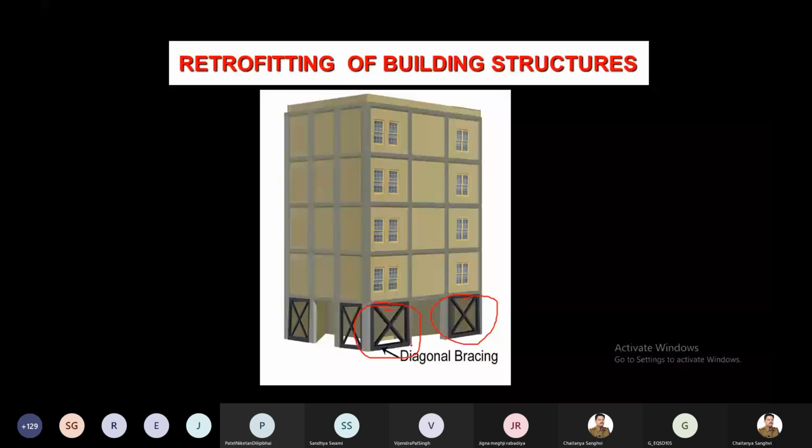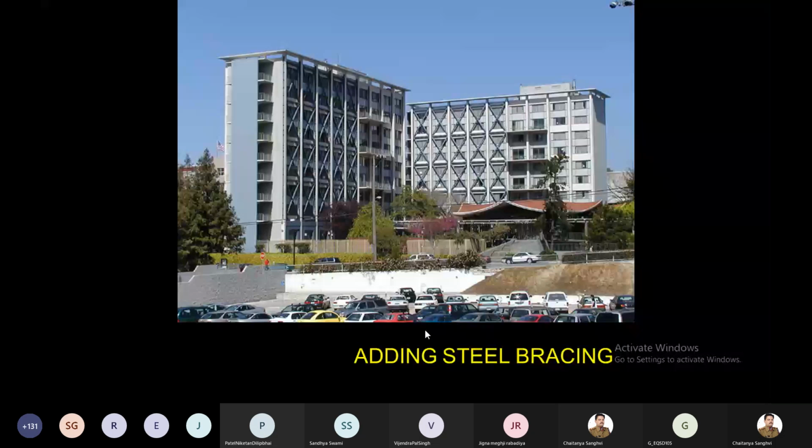The purpose of the shear wall is also to increase the stiffness. When you provide a shear wall, the stiffness of the first story and the ground story will become almost the same. In the same way, in the steel structure we provide the bracing. It will increase the stiffness so that the difference between the first story and ground story stiffness becomes negligible, right? You can see here it is placed like this. These are the bracings provided, right?